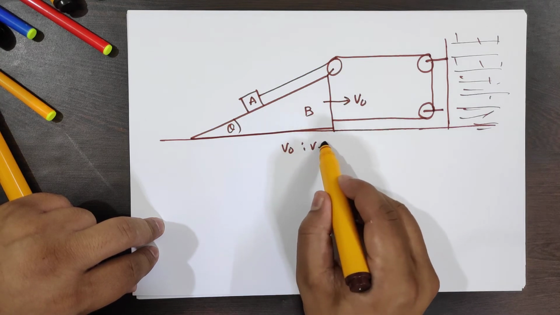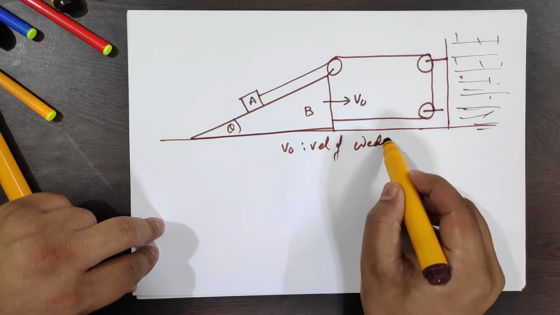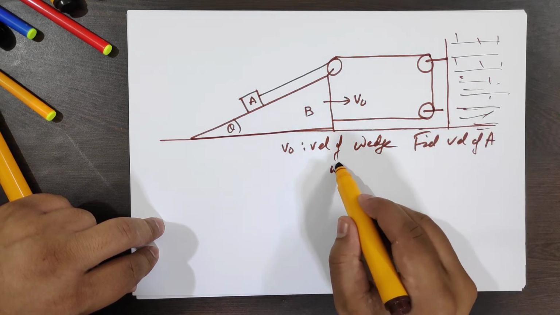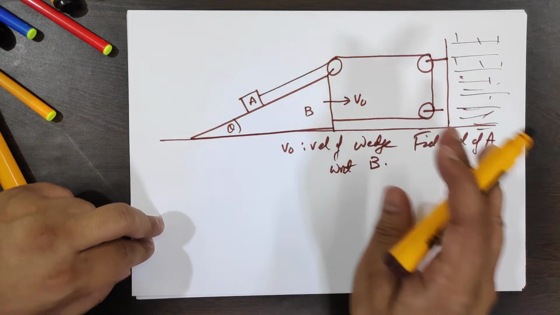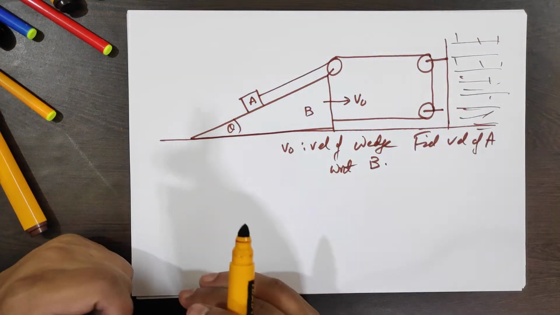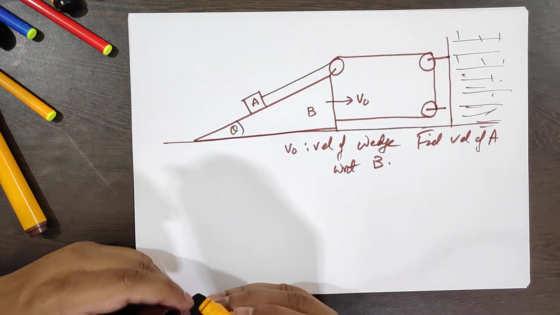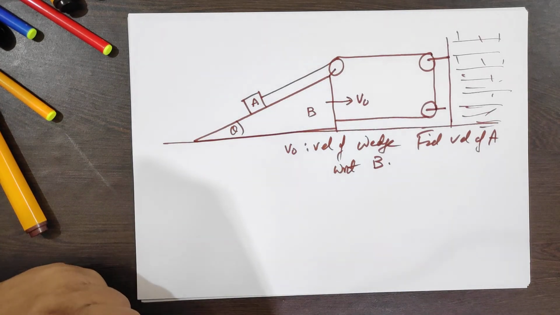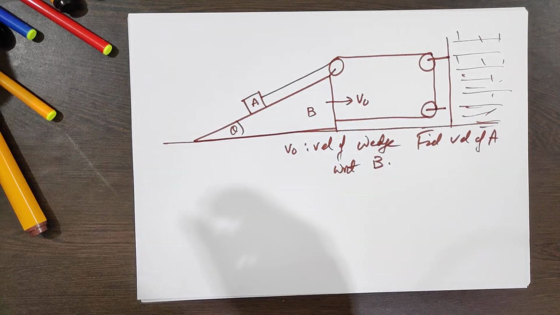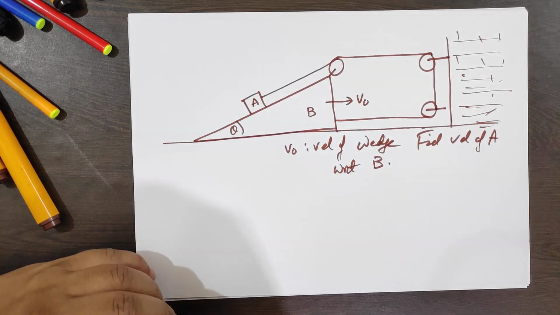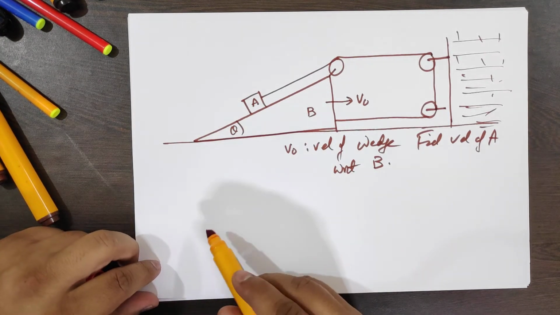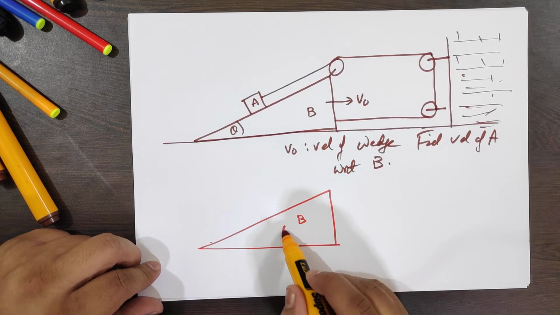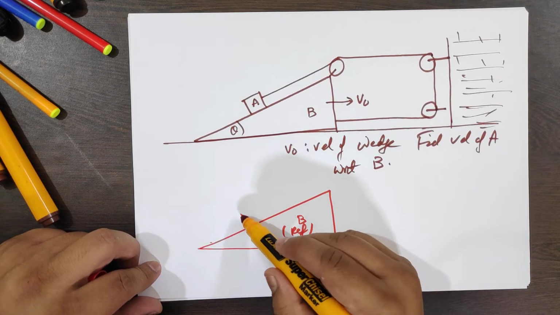V naught velocity of the wedge. Now again find velocity of A with respect to B. Now that with respect to ground, you just have to add velocity of B again with that relative velocity. By the way, let's find out VA with respect to B only. So what is the way to do it? That you can make this as a frame. B is a reference frame.